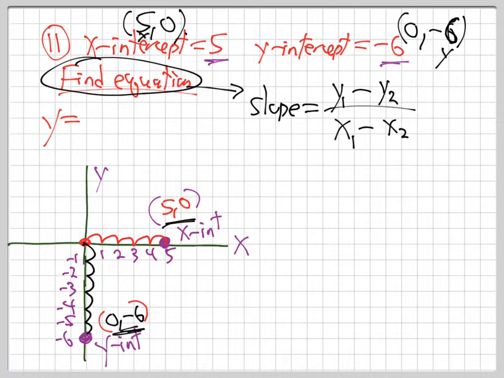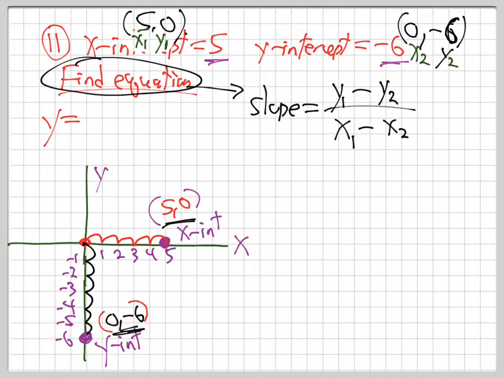Okay, so how are we going to do that? I'm running out of room here. Put it right here. This point right here is x1, y1, and this is x2, y2. So that's what we mean by x1, y1 and x2, y2.